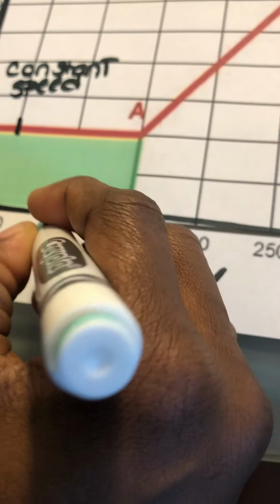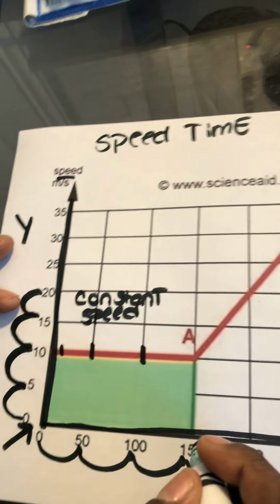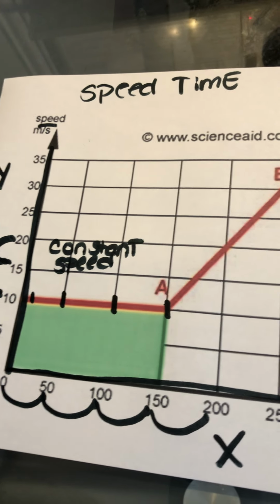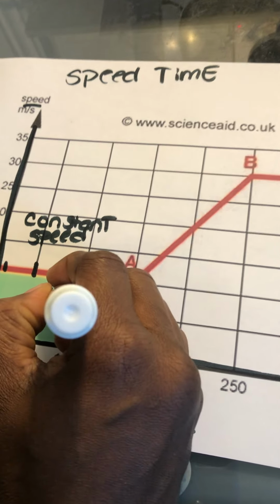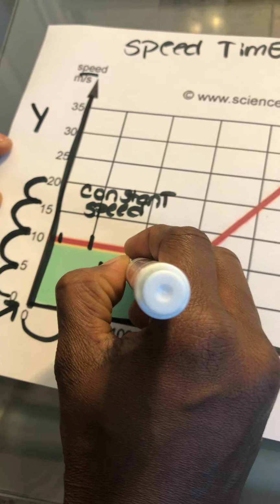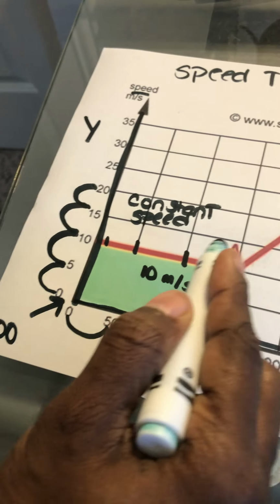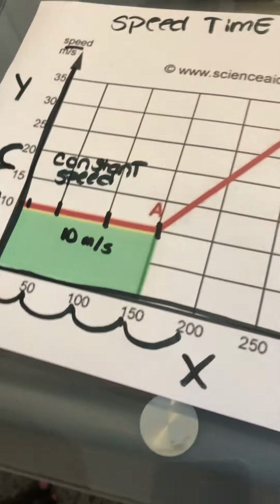When the time was 100 seconds, we were still at 10 meters per second. So there was a constant speed of 10 meters per second. So this line represents a constant speed from the point of origin to the letter A.